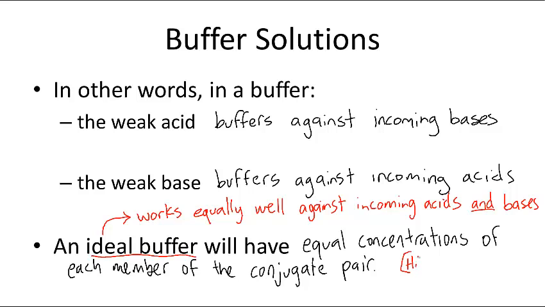All right, yeah, we saw a few situations where if we have equal concentrations of HA and A minus, then pH is going to equal the pKa. So in other words, the pKa of my acid is going to be right around the pH of the buffer solution. And we'll prove this to ourselves on the next slide.